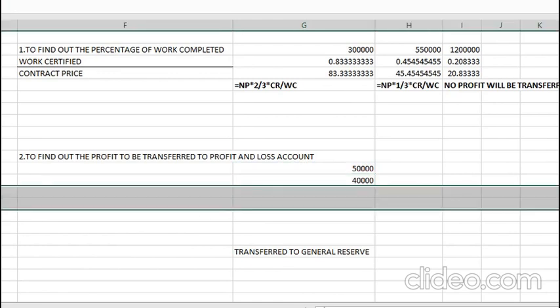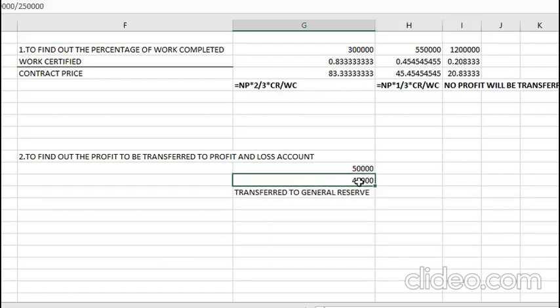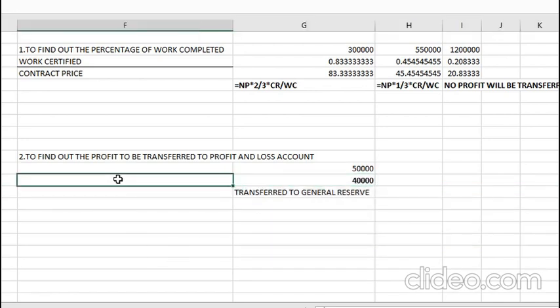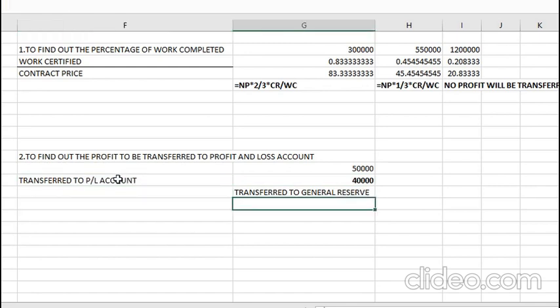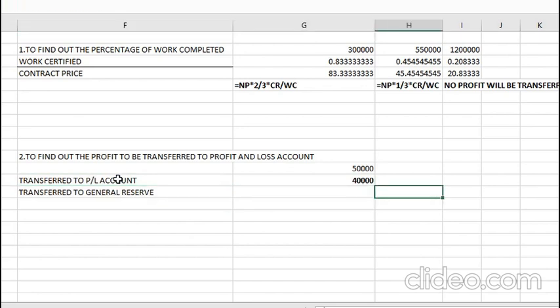So how much will be transferred to your general reserve: 40,000 will be transferred to your profit and loss account. The remaining will be transferred to your general reserve.